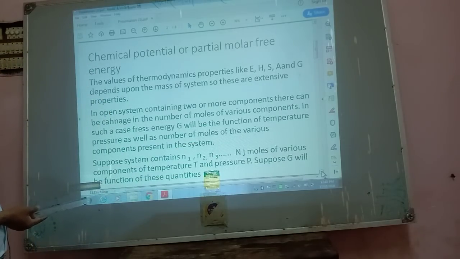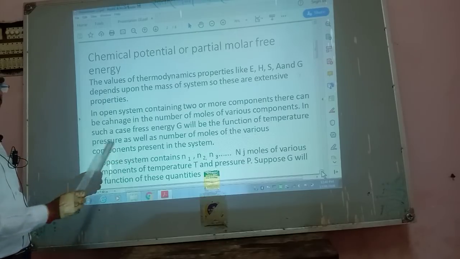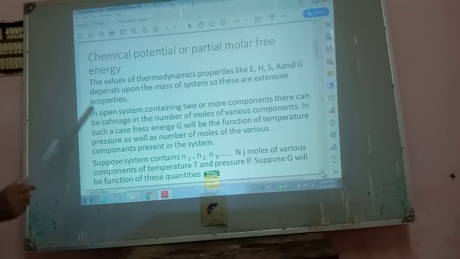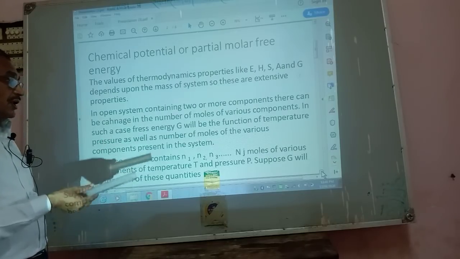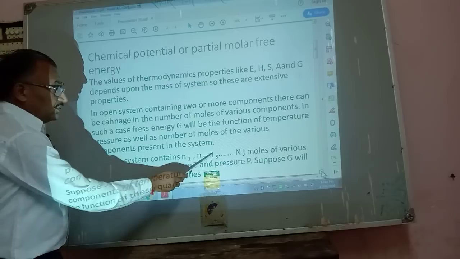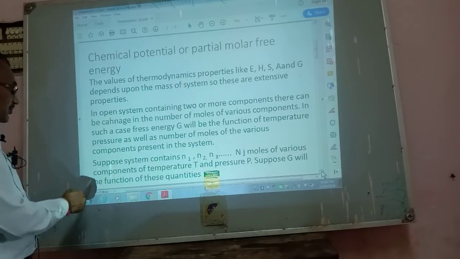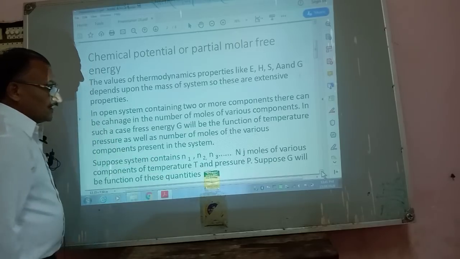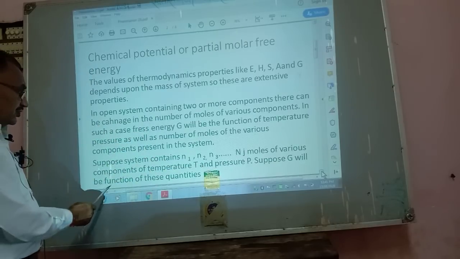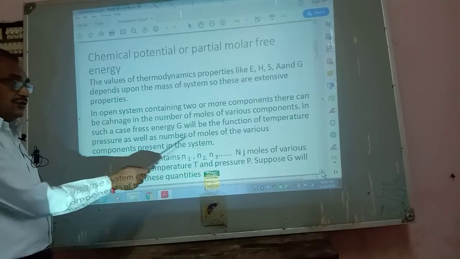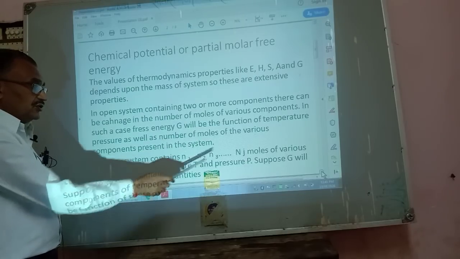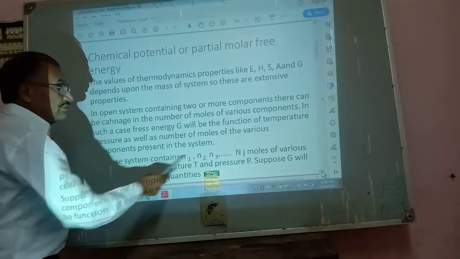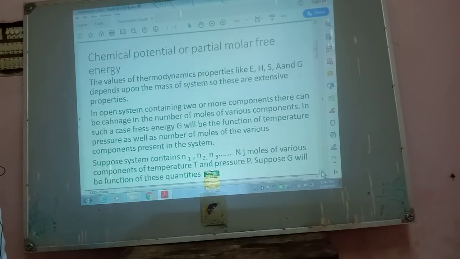Suppose we consider any system. That system contains various components having N1, N2, N3 moles of the various components at temperature T and pressure P. Suppose G is a function of these quantities, meaning G is a function of temperature, pressure, and the number of moles of the various components.